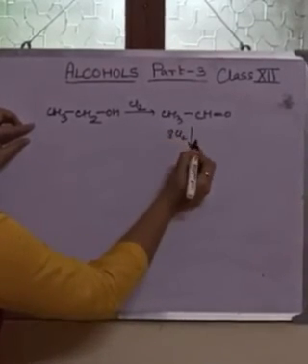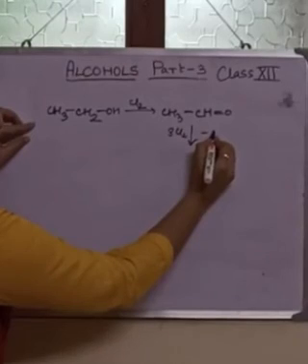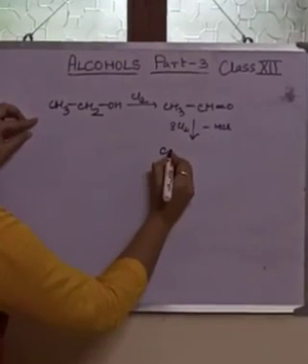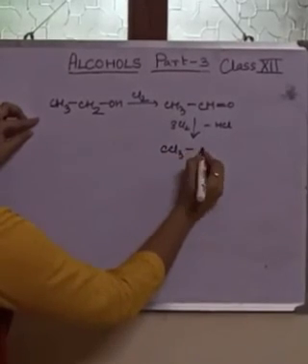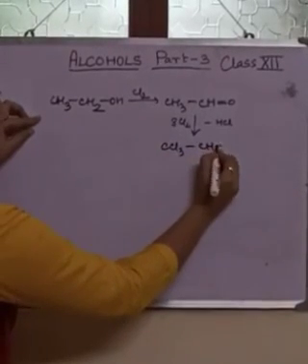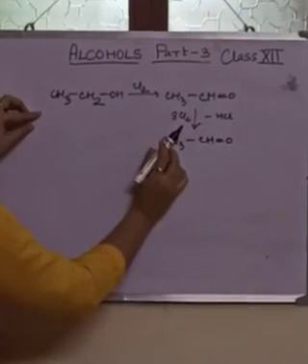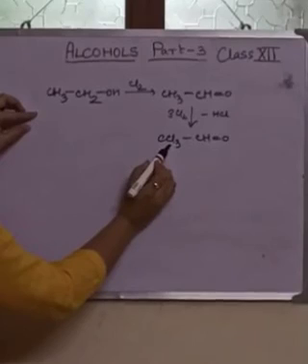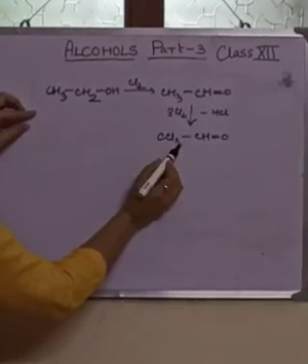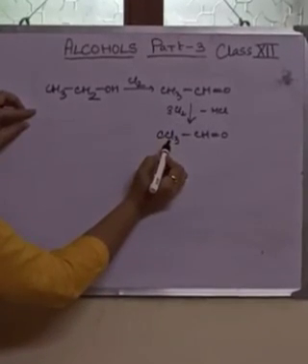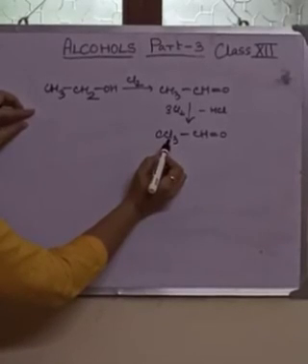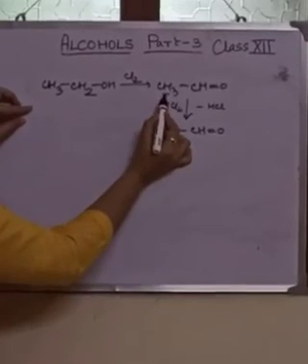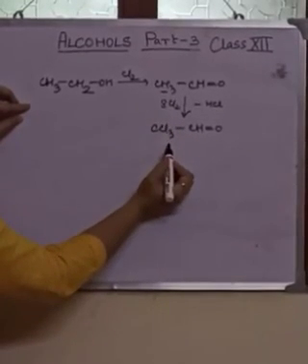Next, in presence of excess chlorine, alpha position, and CCl3 will be obtained instead of CH3 of the aldehyde.